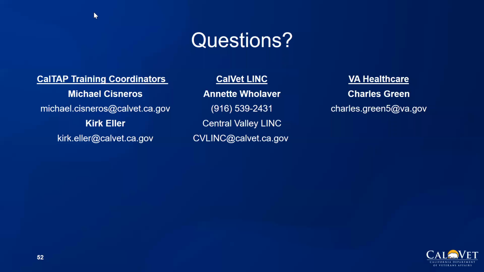So CHAMPVA, basically, if you're 100% service connected, then your spouse will be eligible for CHAMPVA. What you should probably do is go to www.va.gov and click on CHAMPVA under medical. There's a phone number you can call, and that number will be able to give you more information, like locations available.